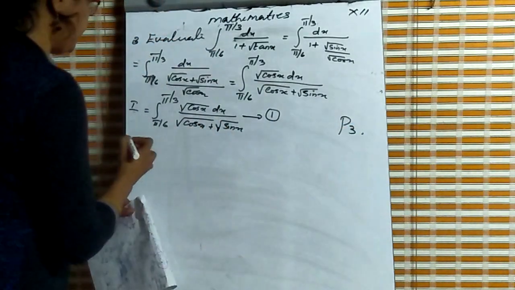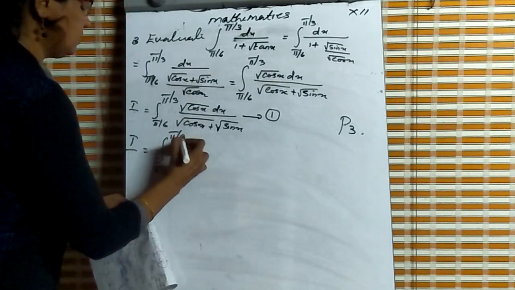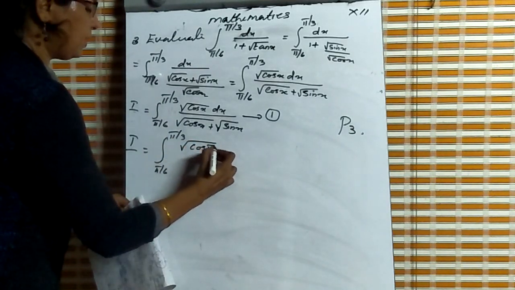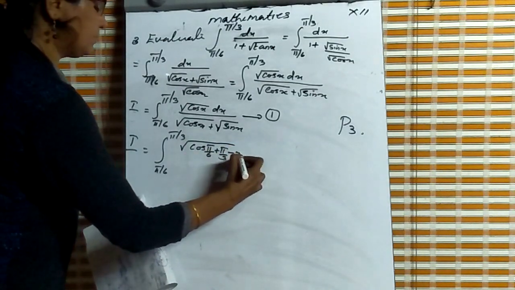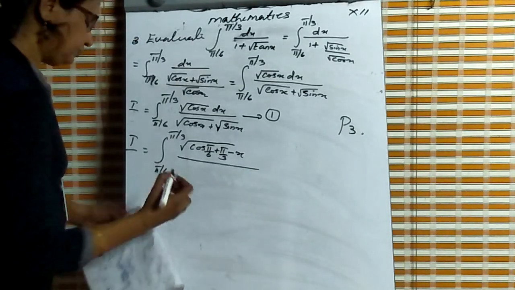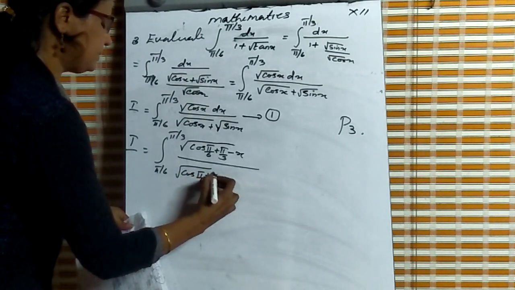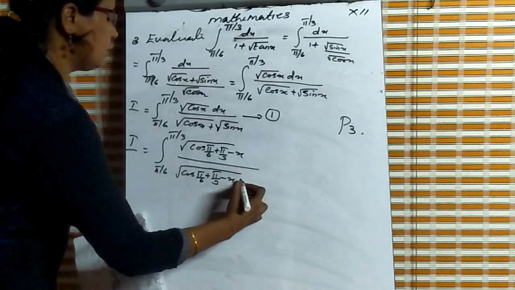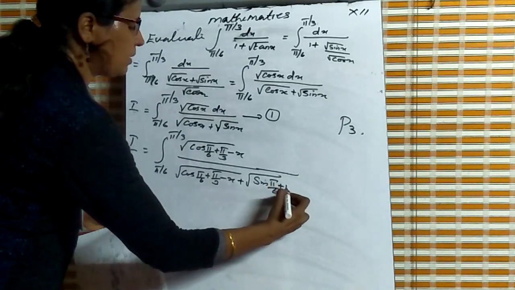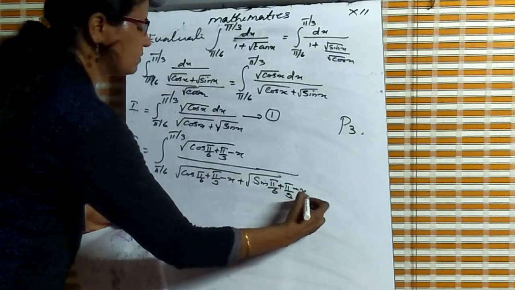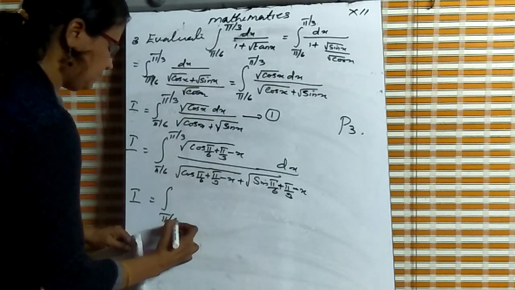I is equal to the integral from pi by 6 to pi by 3 of square root of cos(pi by 6 plus pi by 3 minus x) divided by square root of cos(pi by 6 plus pi by 3 minus x) plus square root of sin(pi by 6 plus pi by 3 minus x) dx.